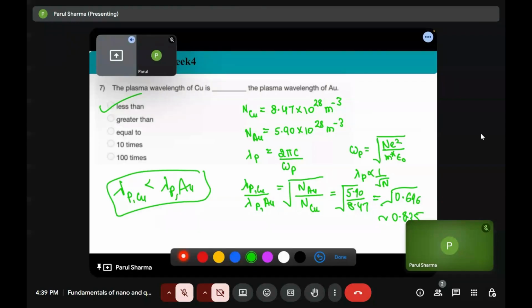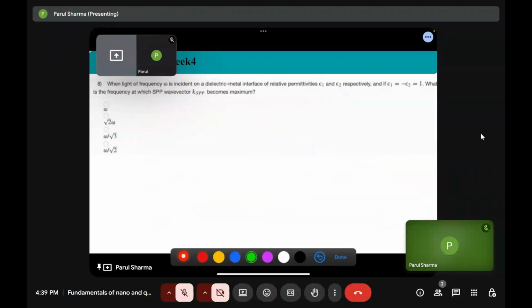Next question: when light of frequency omega is incident on the interface of relative permittivity epsilon 1 and epsilon 2, and epsilon 2 is equal to minus epsilon 1 equals 1.